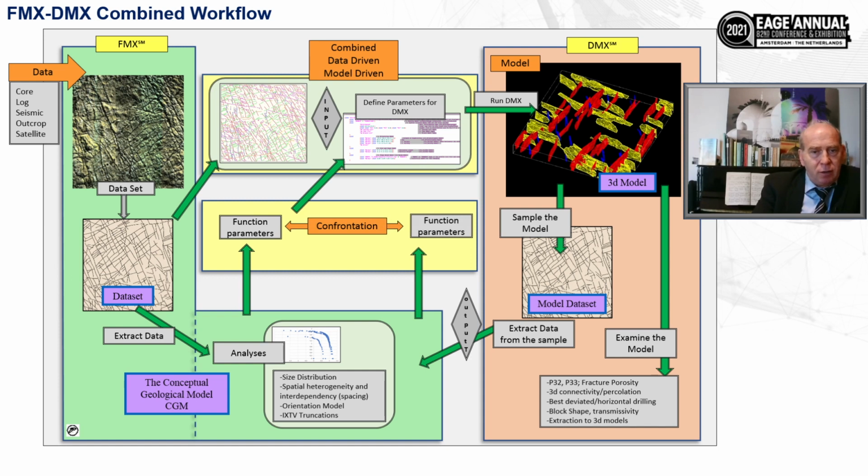So we can extract the function parameters from this sample, make a confrontation, and so perform the modeling again until we have a best fit. So in the end, we extract from the three-dimensional model different parameters which are important for our processes in reservoir modeling, planning deviated wells, frac jobs, etc.